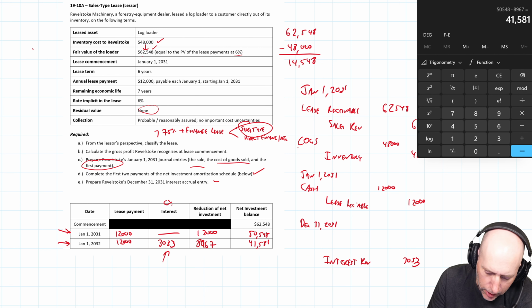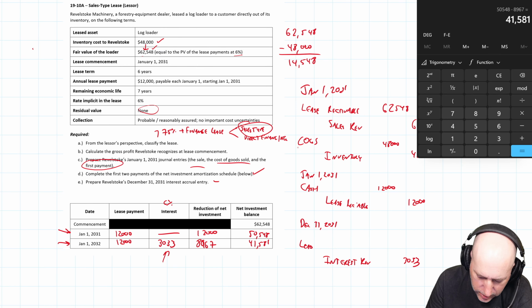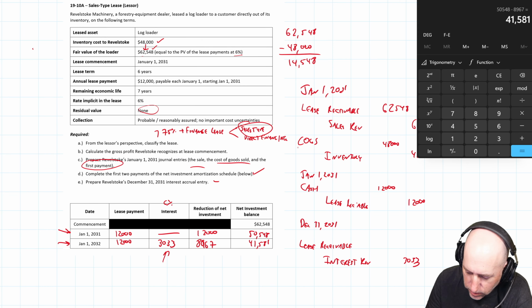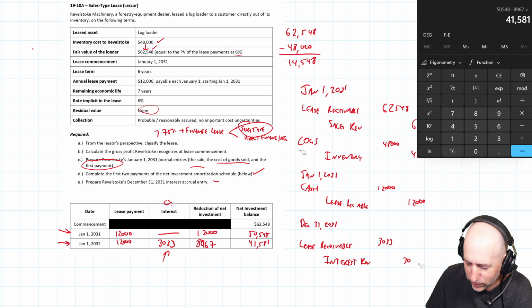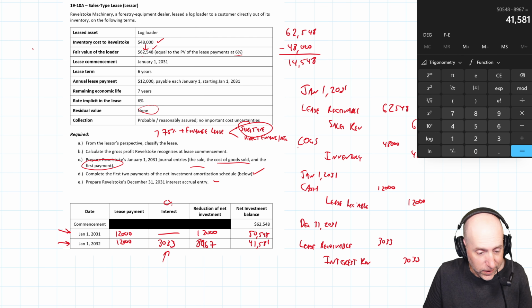And the debit, you can go two ways with it. I've seen it most commonly done this way, and I think this is the simplest way: debit lease receivable. You could also debit interest receivable. I like debit lease receivable better. I think it's simpler, but I've certainly seen credible textbooks debit interest receivable for this amount. But I like the debit to lease receivable.